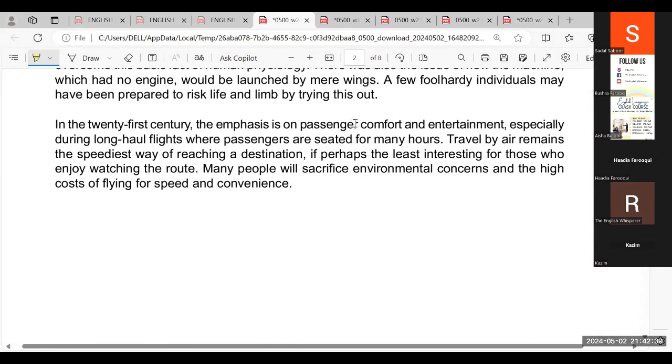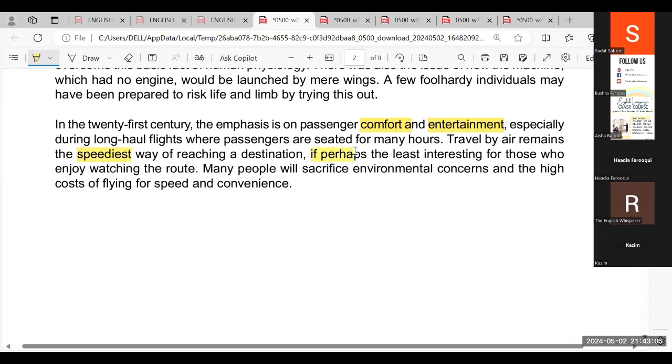And it says good things about modern travel. It talks about comfort. It talks about entertainment. It talks about long haul flights being very comfortable. It's fast. So these are all good things. Can we write these good things? No. Why? Because we have 3 marks. We need 3 points, right? But we need to find 3 reasons why you would not want modern transport.